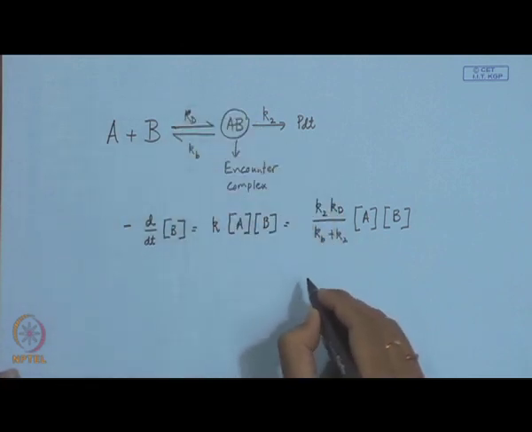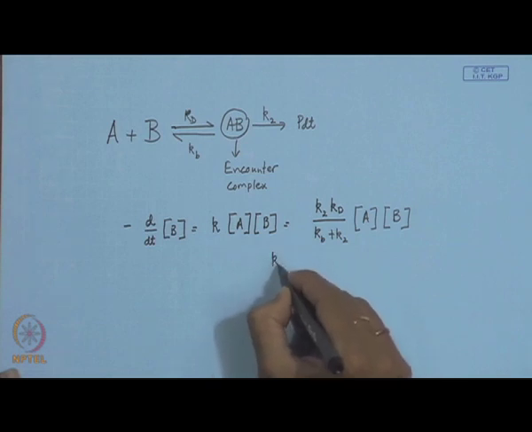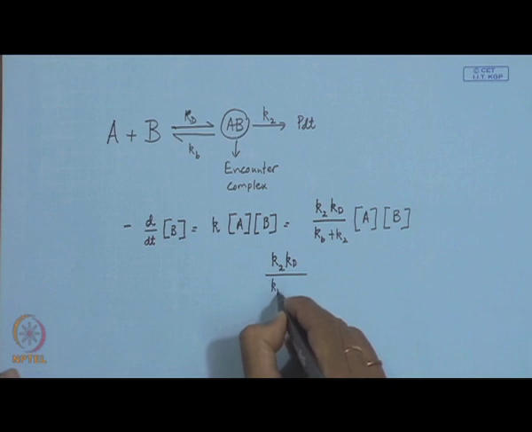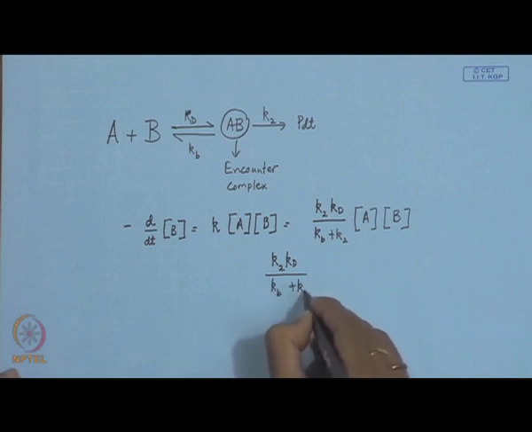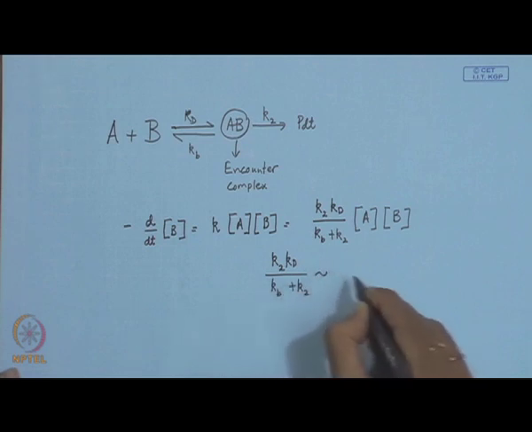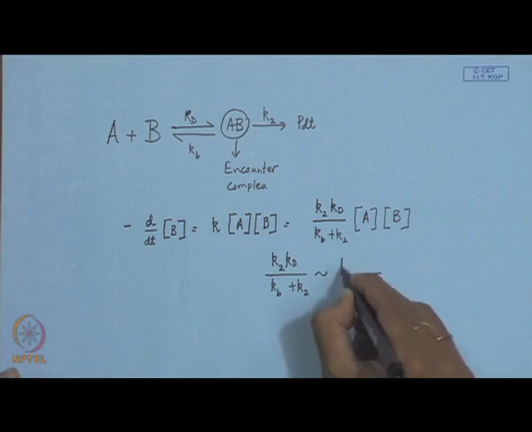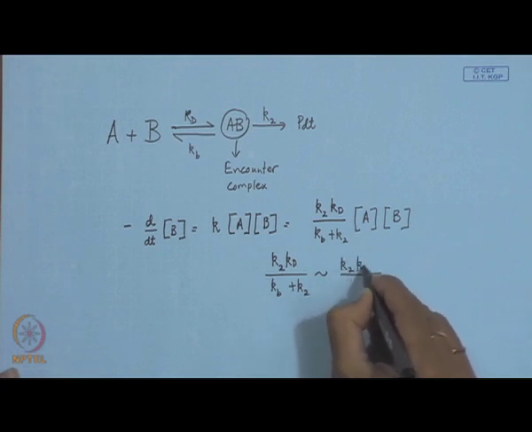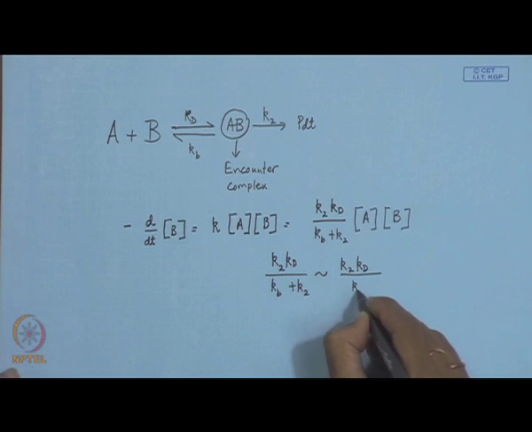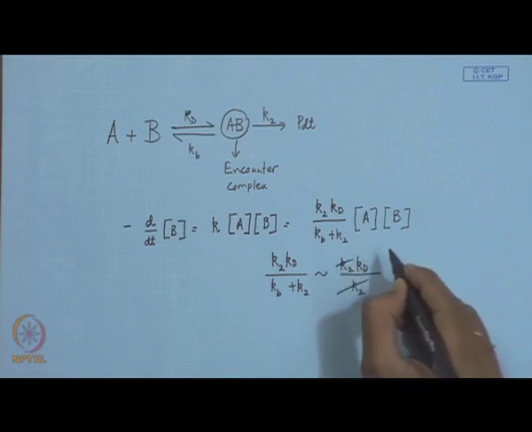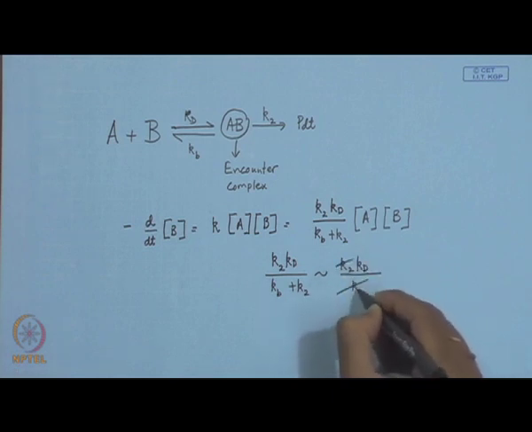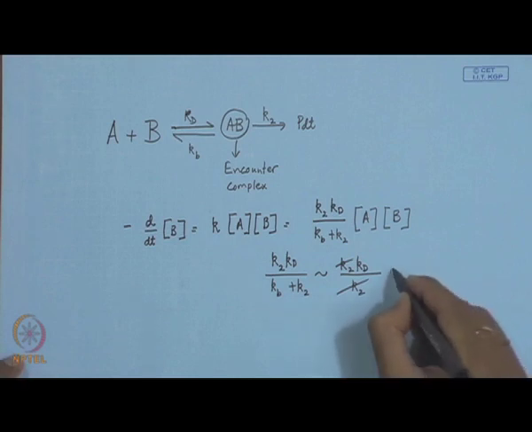Okay. So, that means if K2 Kd divided by Kb plus K2 is written as K2 Kd divided by K2, then K2 gets cancelled, and it is Kd.